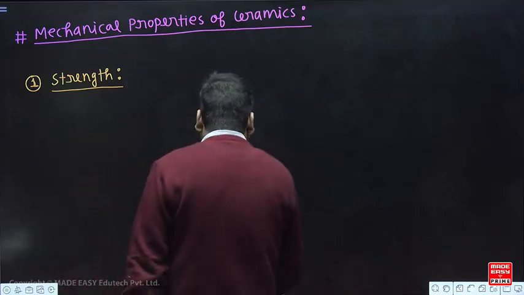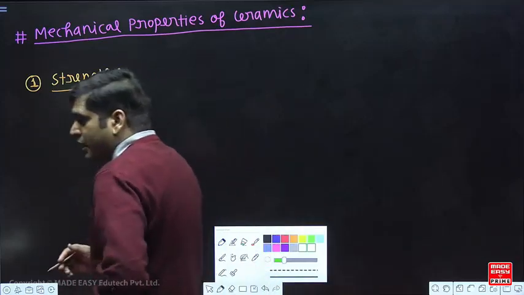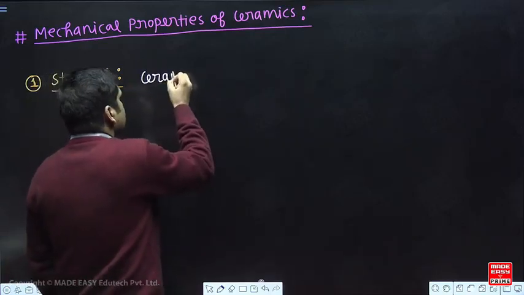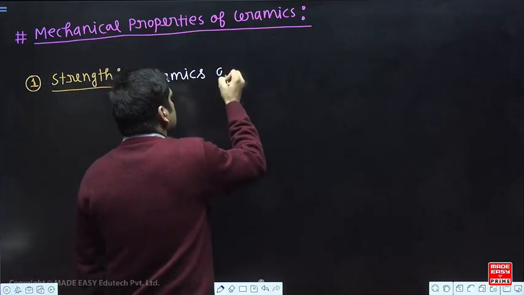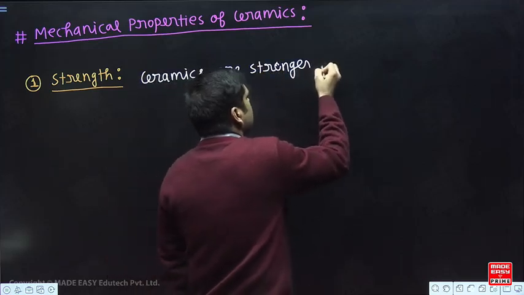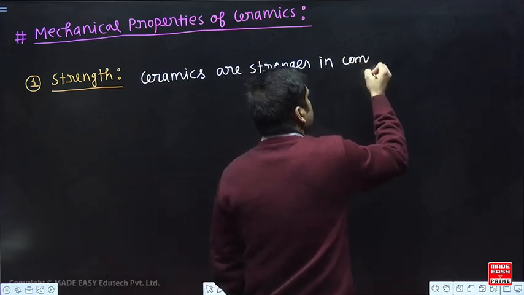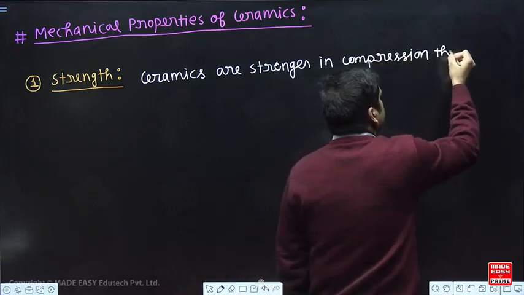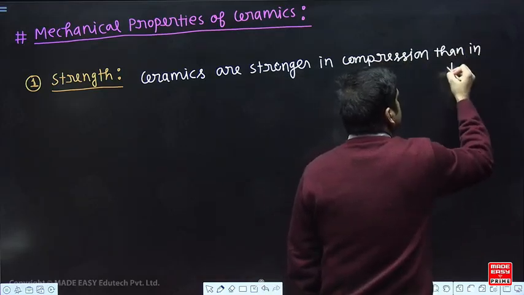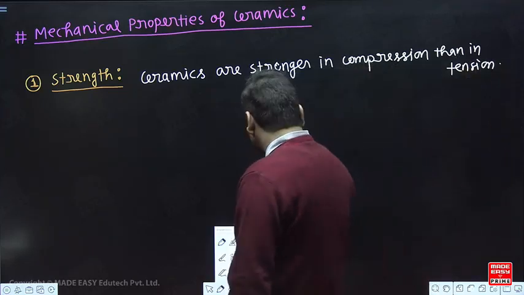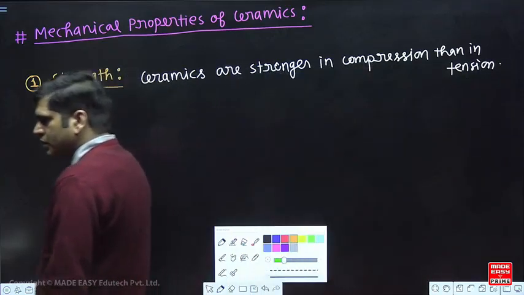So you can write it: ceramics are stronger in compression than in tension. Second point, hardness.